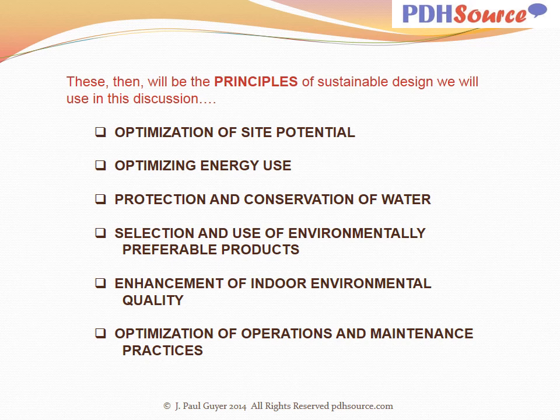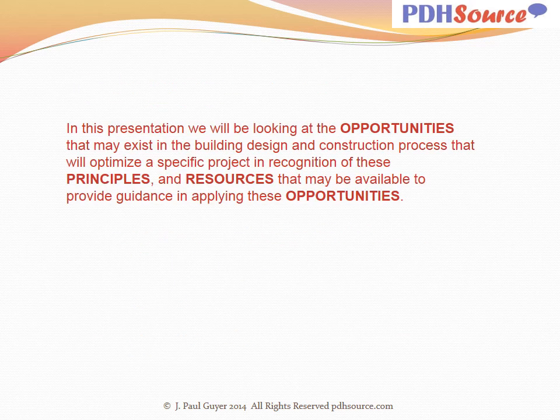the addressing of the sustainability issues is a balancing act, balancing the 3 concerns: environmental, economic, and the environmental quality, the quality of the environment for the building occupants. And now we will move forward and look at these principles.